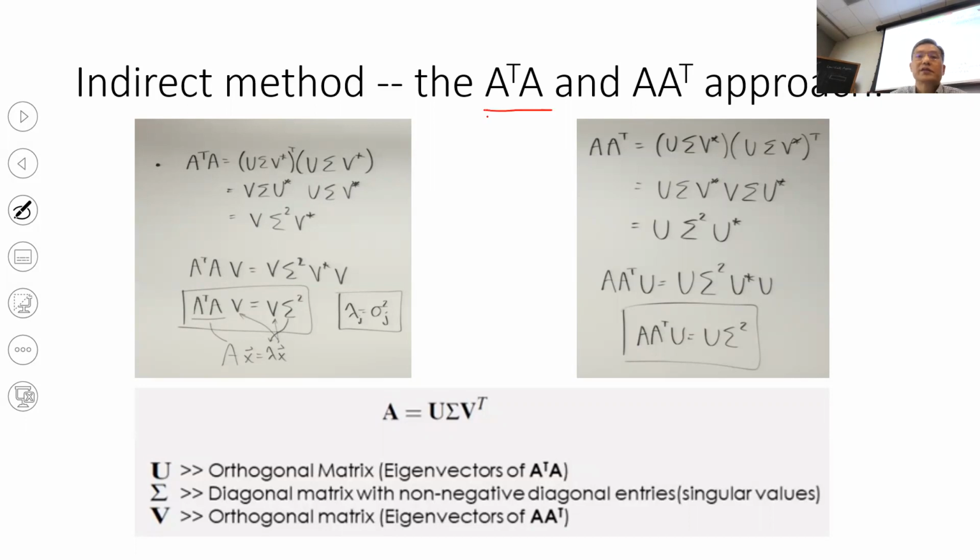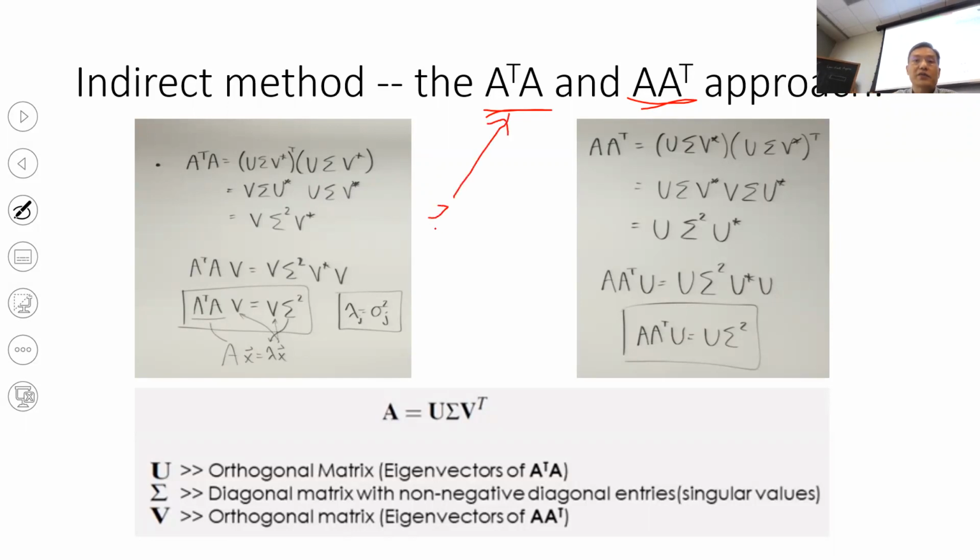You do this multiplication, inner and outer, of the matrix, and you get squared matrices, and you can do Eigen decomposition for them.